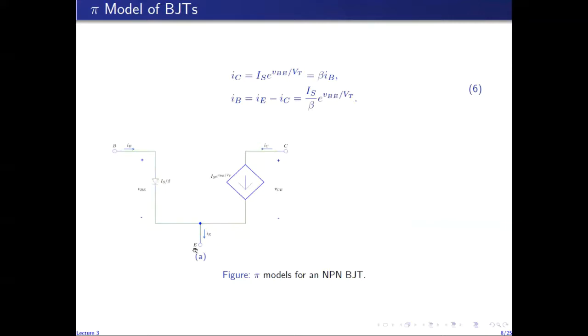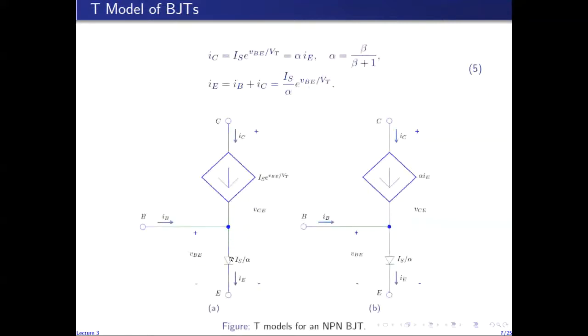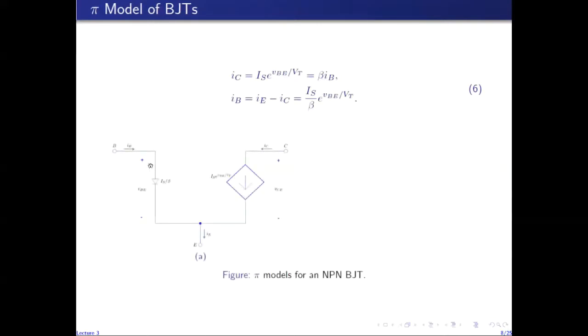And because the base emitter junction is again forward biased, it can be represented by a forward biased diode. However, unlike in the T model where we put the diode in the emitter branch, in the pi model we put the diode in the base branch using this expression for the base current.